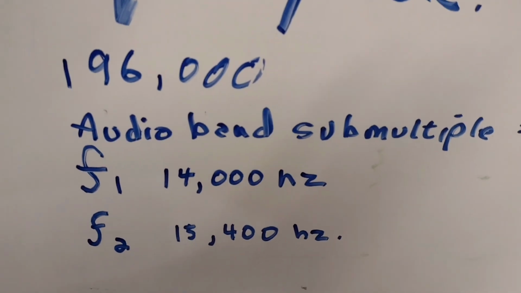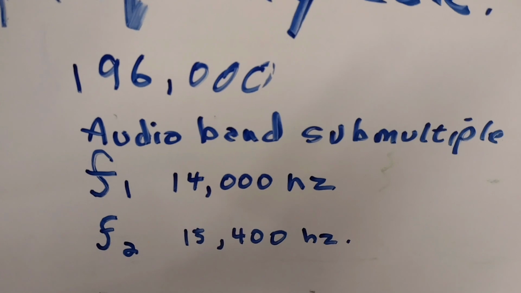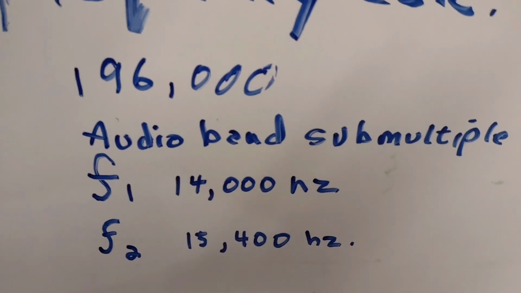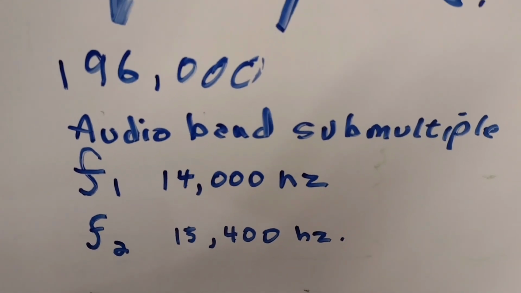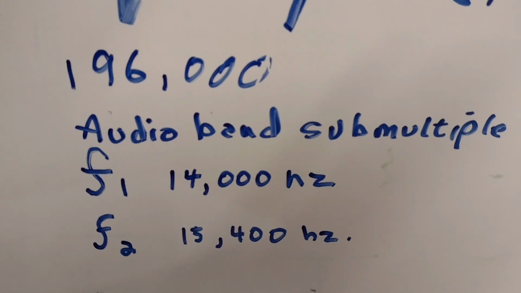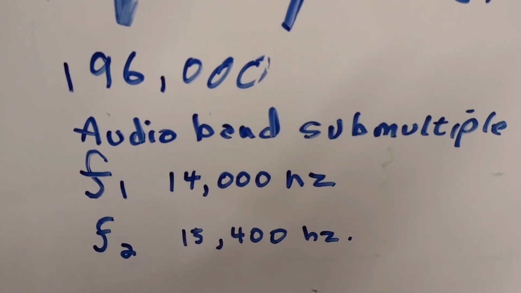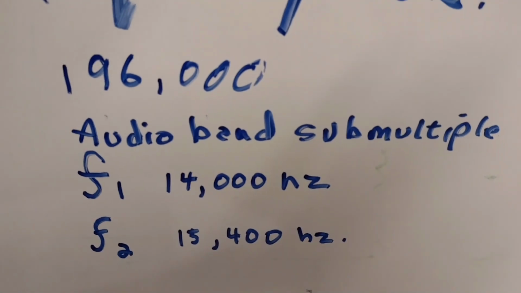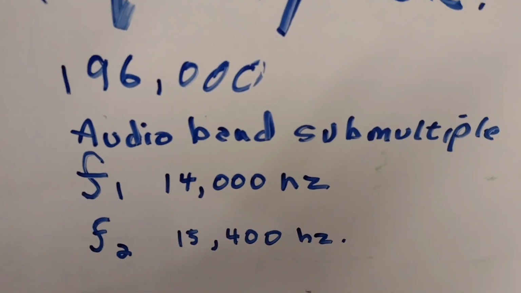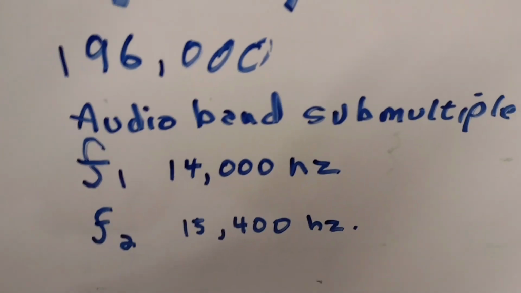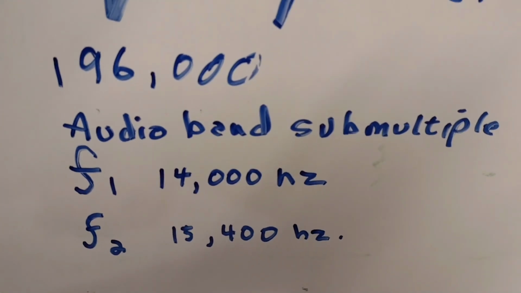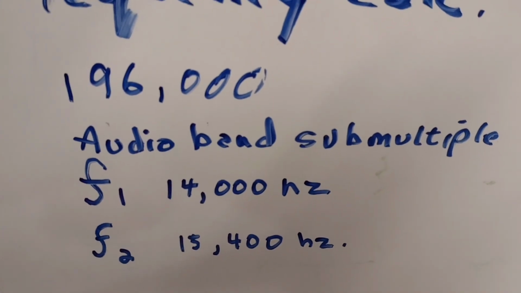To electrode 1, we're going to apply a frequency of 14,000 hertz. And to the second electrode, we're going to apply a frequency of 15,400 hertz. Both of these frequencies are related in that they are higher multiples of 1400 hertz.